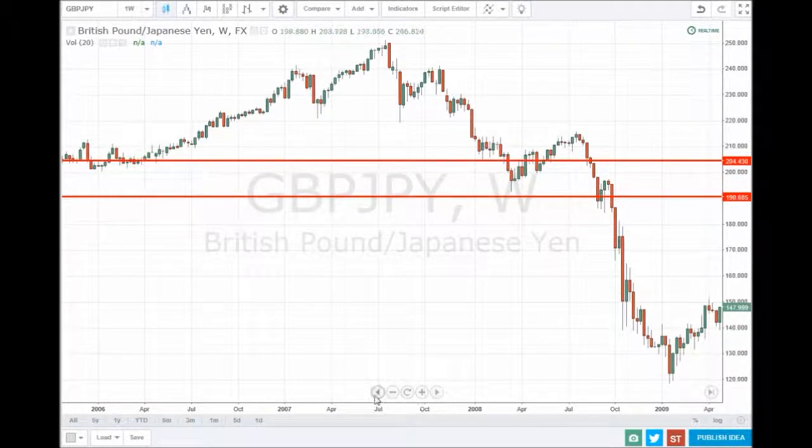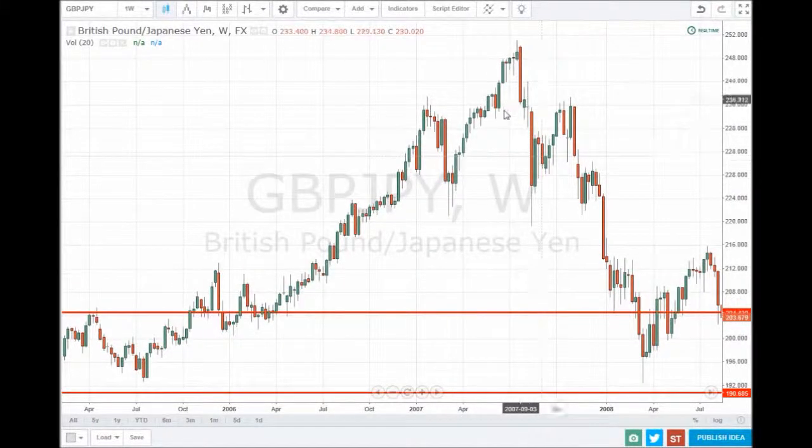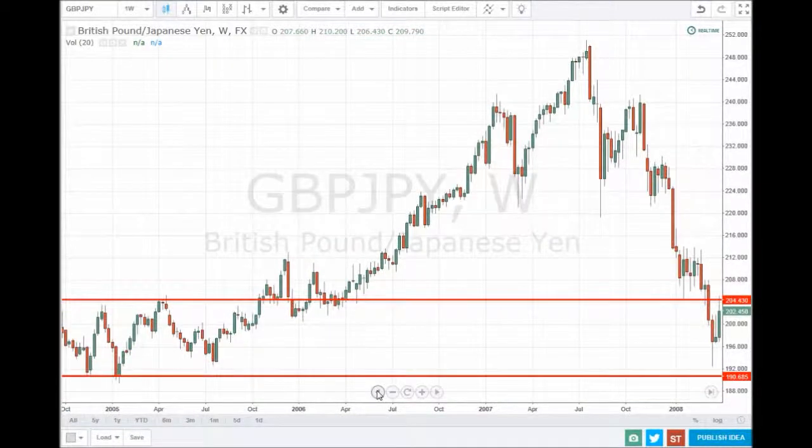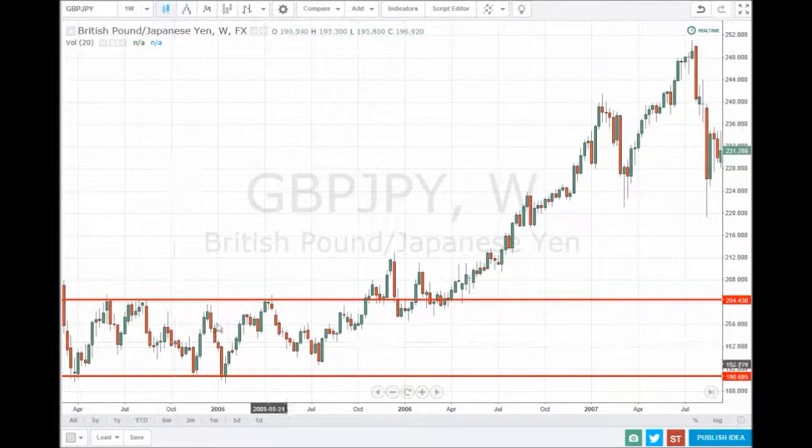So from this weekly chart, you can see the profit that can be made from trading these patterns. We have clear highs and lows of an uptrend, and also a range and how price breaks out of a range.